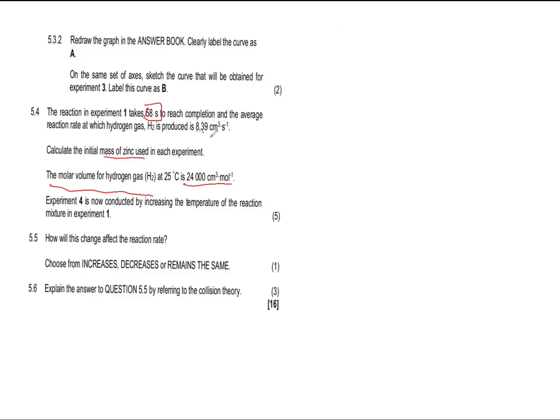The first thing we can see is that we are provided with the reaction rate, and it is based on volume. According to the SI unit, cm³ per second, the reaction rate has been given in terms of volume. So reaction rate equals change in volume over change in time. Now our rate of reaction is 8.39, and we say final volume minus initial volume.